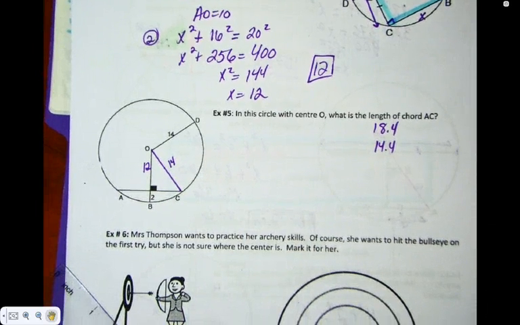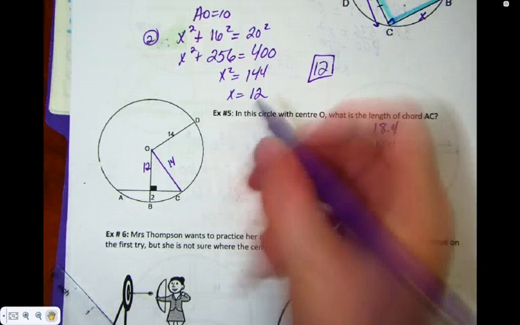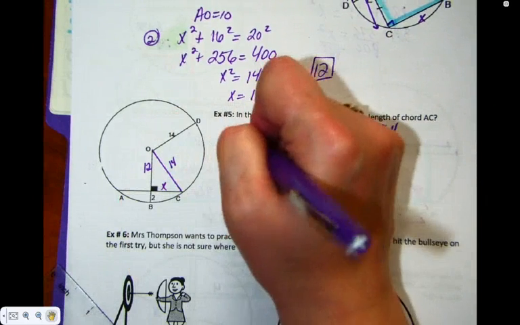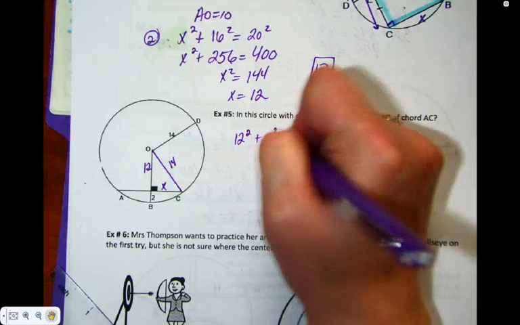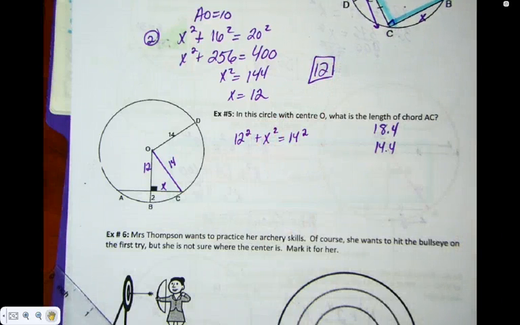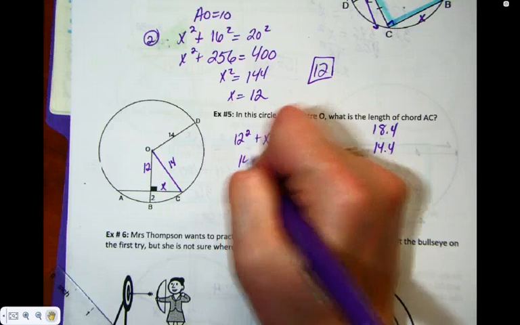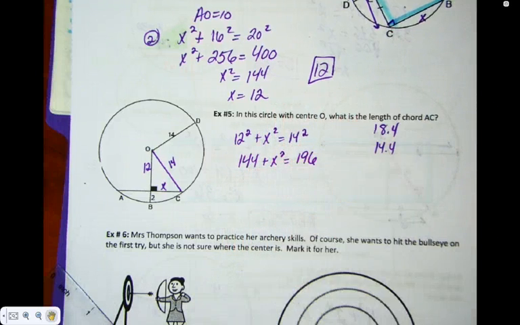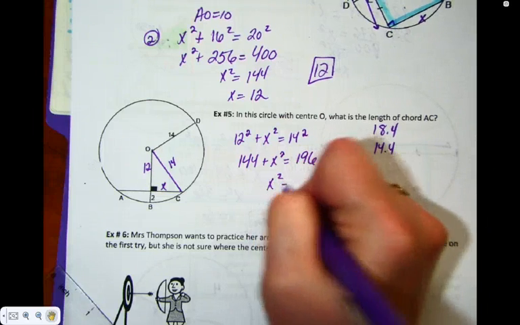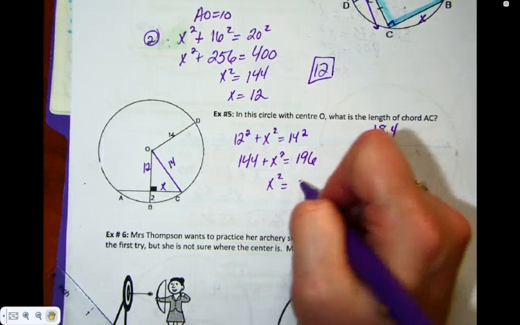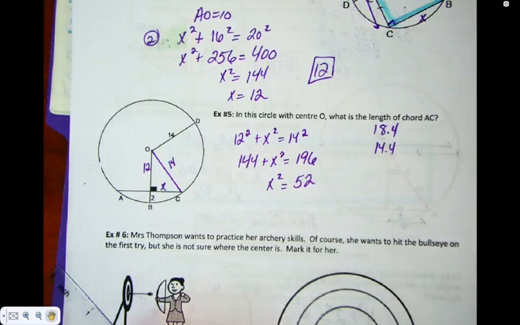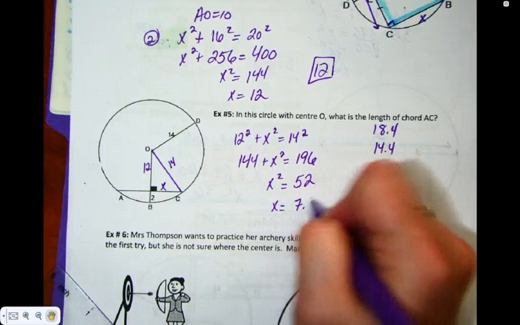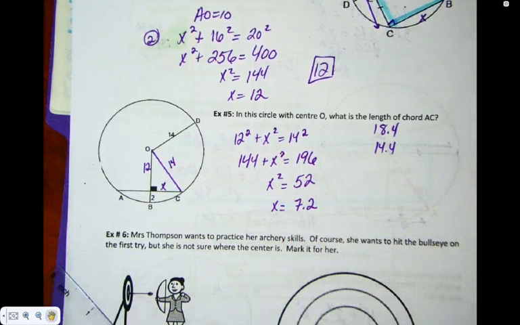You gotta go 12 squared plus x squared equals 14 squared. 144 plus x squared equals 196. Subtract 144 on both sides, which would get you to 52, and then root it, 7.2, multiplied by 2.